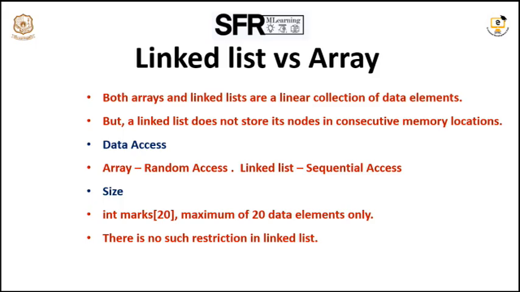A linked list provides an efficient way of storing related data and performing basic operations such as insertion, deletion and updation of information, at the cost of extra space required for storing the address of the next node. But in an array we cannot change the memory space. So this is the major difference between a linked list and an array.